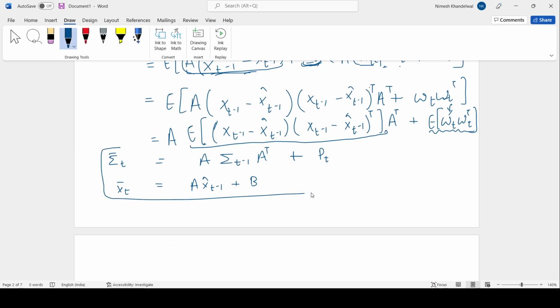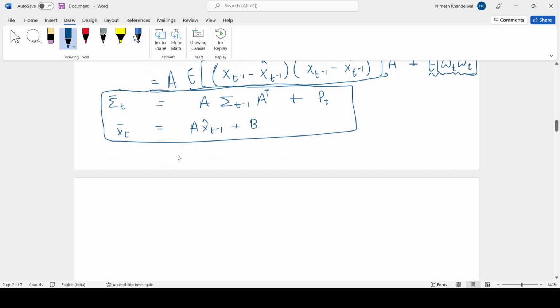This completes my prediction step. Prediction step of what? Of the Bayes filter. Because I've told you that the Kalman filter is derived from the Bayes filter. It is a special kind of Bayes filter that assumes the transition model to be linear and all the noise in the system to be Gaussian.